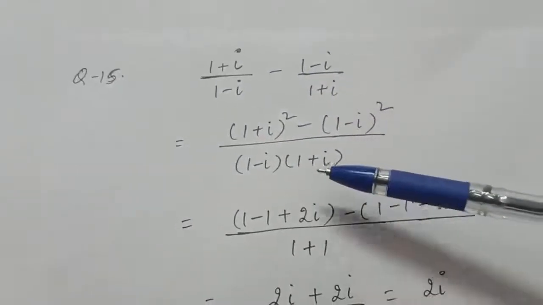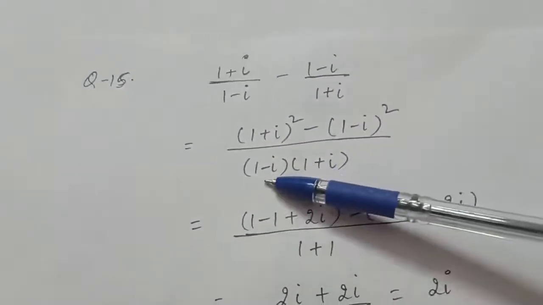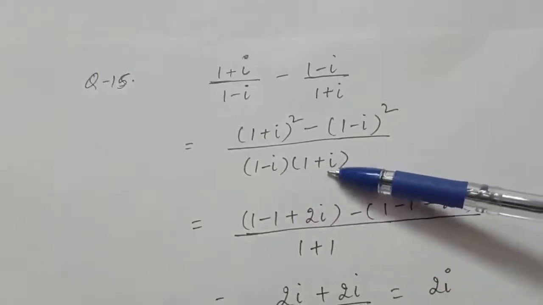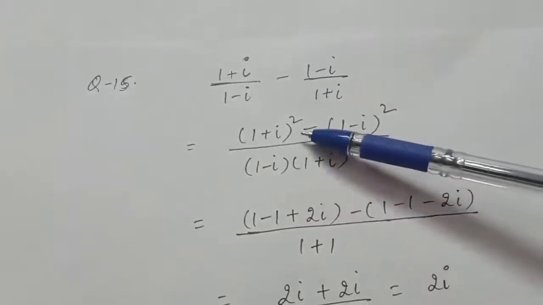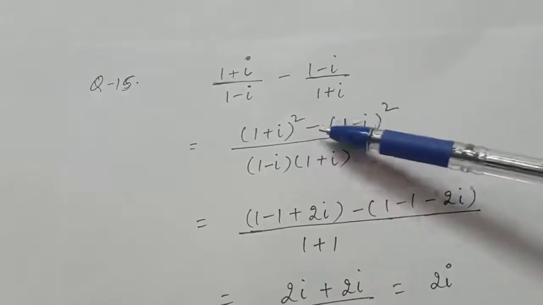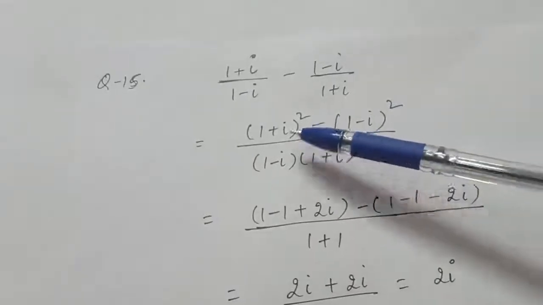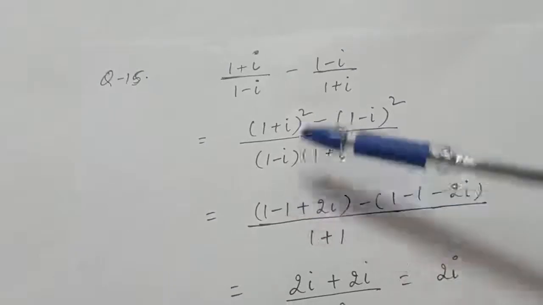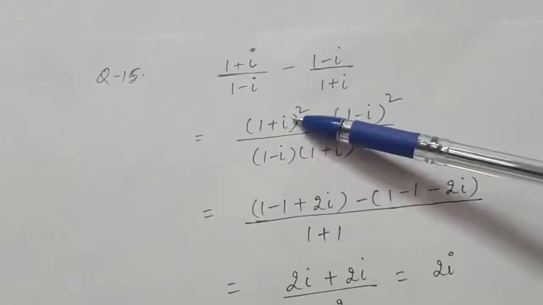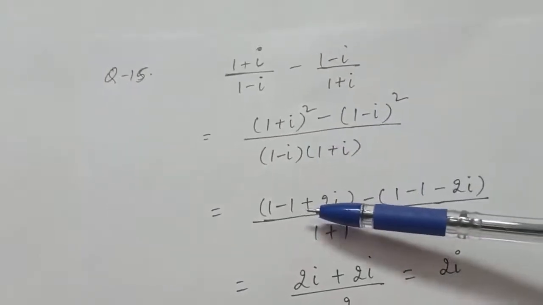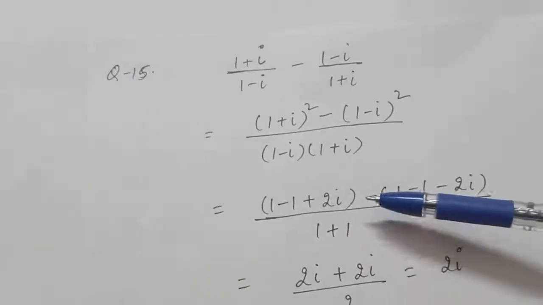So first of all, taking the LCM, the LCM will be 1 minus iota into 1 plus iota. In the numerator, you will get (1 plus iota) whole square minus (1 minus iota) whole square. Now solve the square of this, which is a square plus b square. b square is iota square, which is minus 1, plus 2 iota.